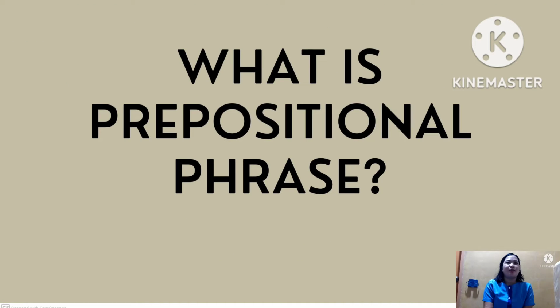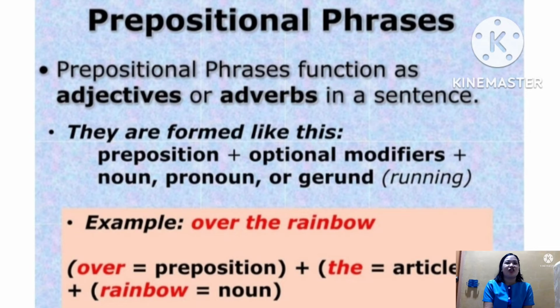On the next slide, a prepositional phrase functions as an adjective or adverb in a sentence. They are formed like this. The components of a prepositional phrase. Let's study this equation. Preposition plus optional modifiers plus noun, pronoun, or gerund ending with ing equals prepositional phrase.